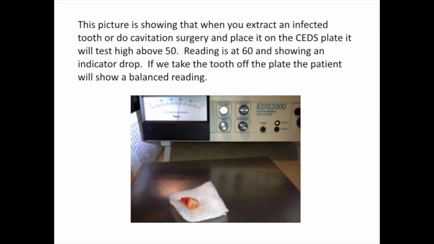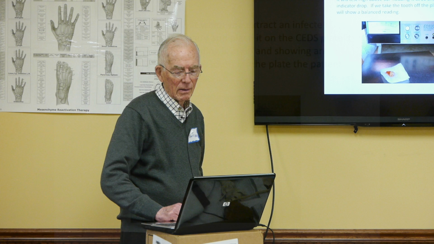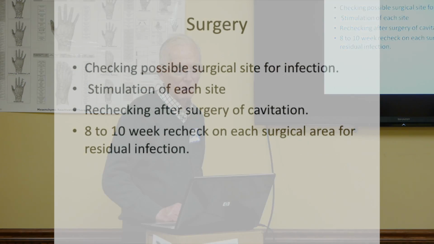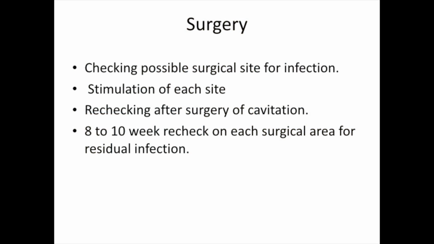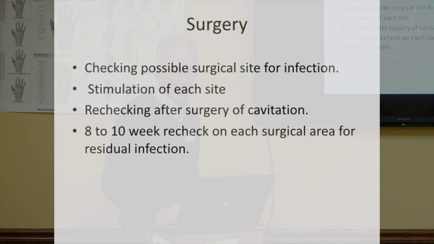I put a good tooth on the EDS, and it shows up at 50. Checking possible surgical sites for infection, stimulation of each site, rechecking after surgery with EDS, and then I recheck in about 6 to 8 weeks to make sure that we've cleaned up the area.